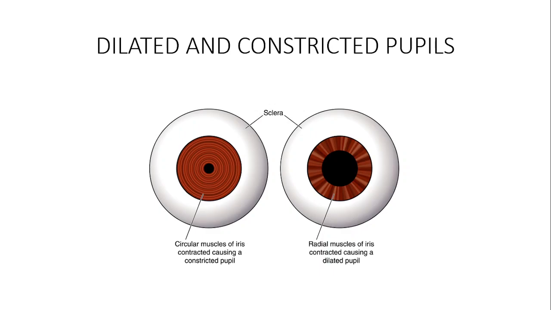So when there's so much brightness, the retina doesn't like too much light, so the constrictor pupillary will contract so that you don't have too much light going into the retina. But if you are in dim illumination, the pupil will widen up so that any little amount of light can pass through it to stimulate the photoreceptors on the retina so that it can capture image for us to see well.